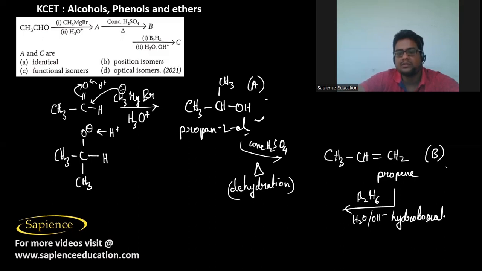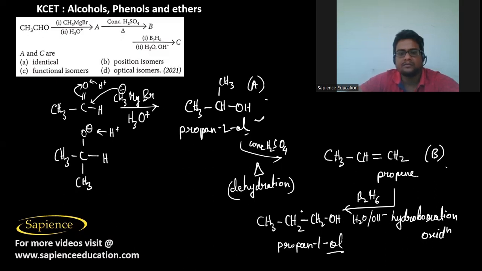Hence it will form a 1 degree alcohol, CH3CH2CH2OH, which is propane 1-ol. Propane 1-ol will be formed, which is the compound C.